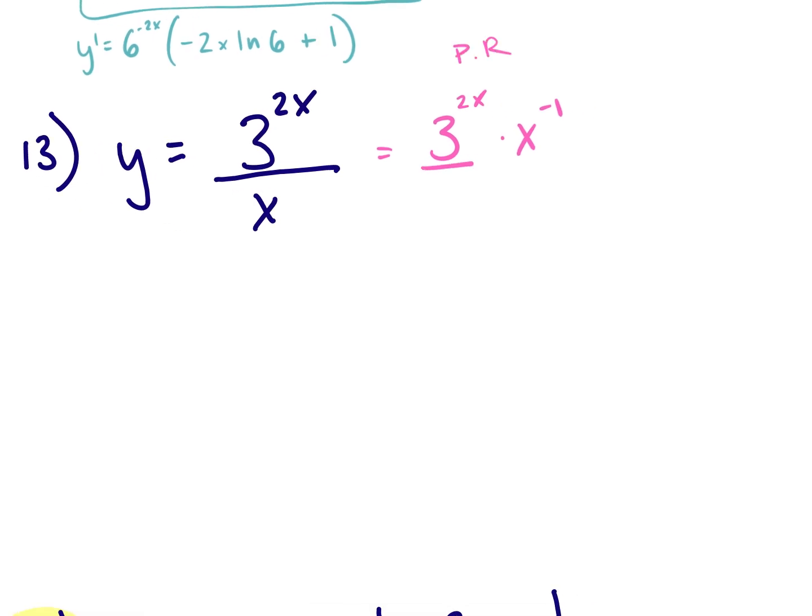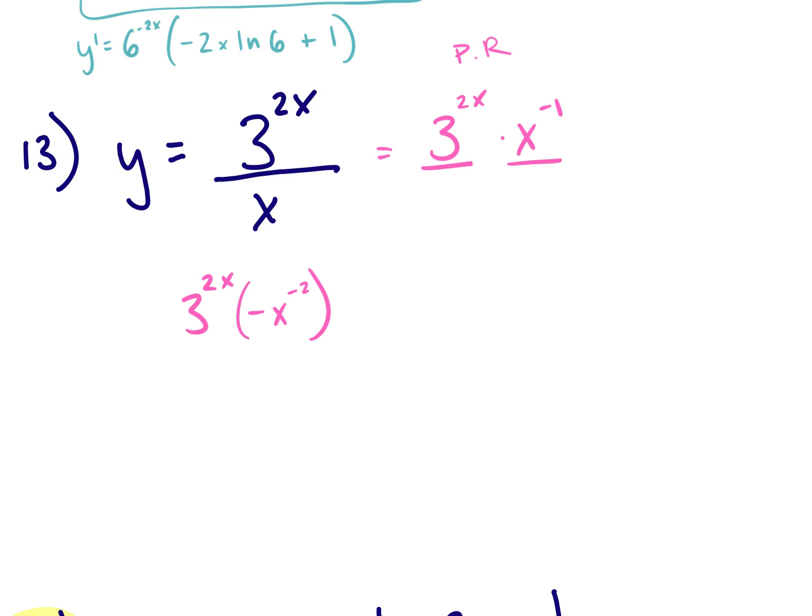So the first times the derivative of the second, the first would be 3 to the power of 2x. What's the derivative of x to the power of negative 1? Negative x to the power of negative 2.